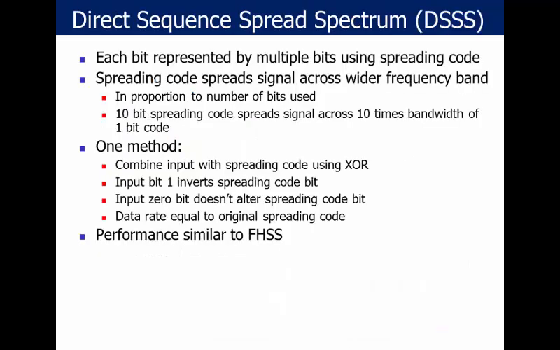Therefore, the spreading code spreads the signal across a wider frequency band in proportion to the number of bits used. A 10-bit spreading code spreads the signal across 10 times the bandwidth of a 1-bit code. So in this example, if we want to send 1 bit of data, we use a 10-bit spreading code.